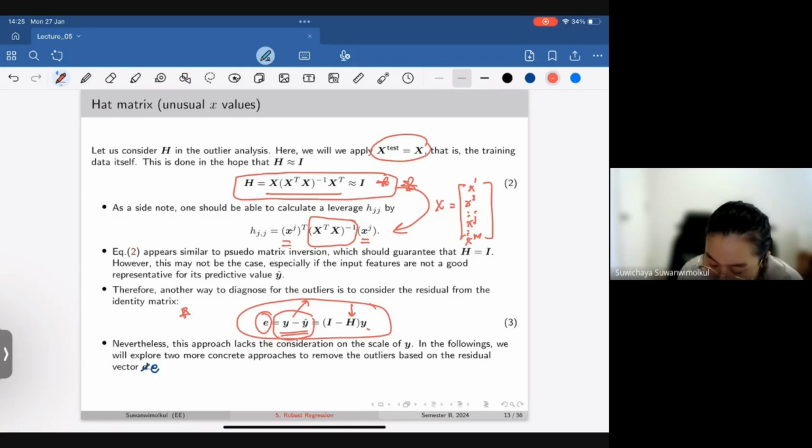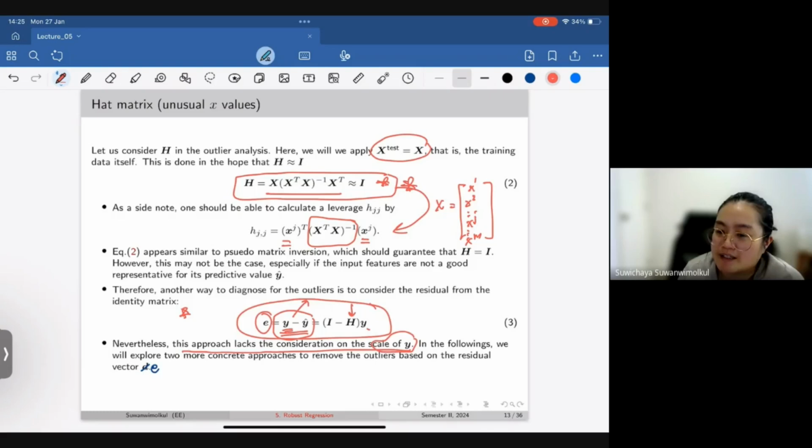But the problem with this is that we did not consider the scale of Y. If you have Y minus Y hat, and these values are on the scale of 1,000, it's very difficult to see if a residual of 1,200 is actually that bad.